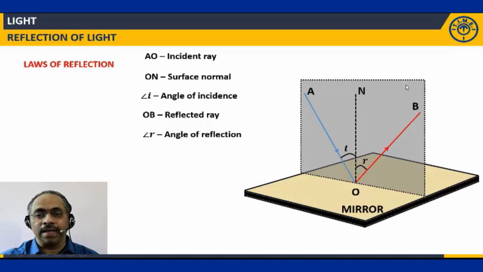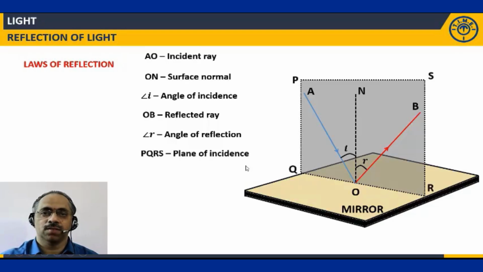All these three are lying in this particular plane. We call it the plane of incidence. So here PQRS is the plane of incidence. This is also an imaginary plane.